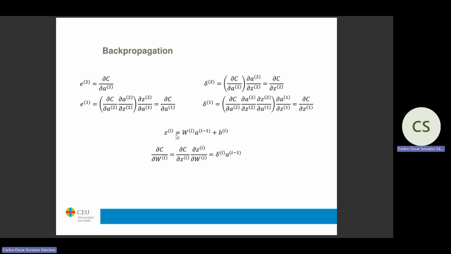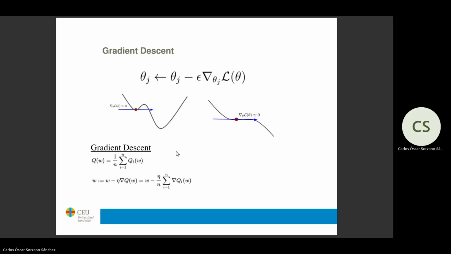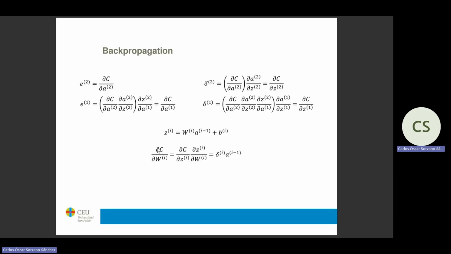And if we compute the derivative of the cost with respect to the weights, because here we want the derivative with respect to the weights of a given layer, it is the derivative of the cost with respect to Z, but that we have, that is delta, and then the derivative of Z with respect to W, to the weights.